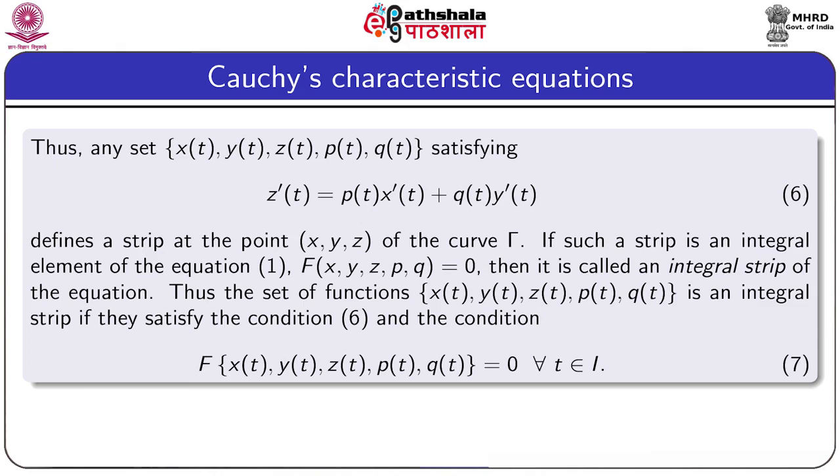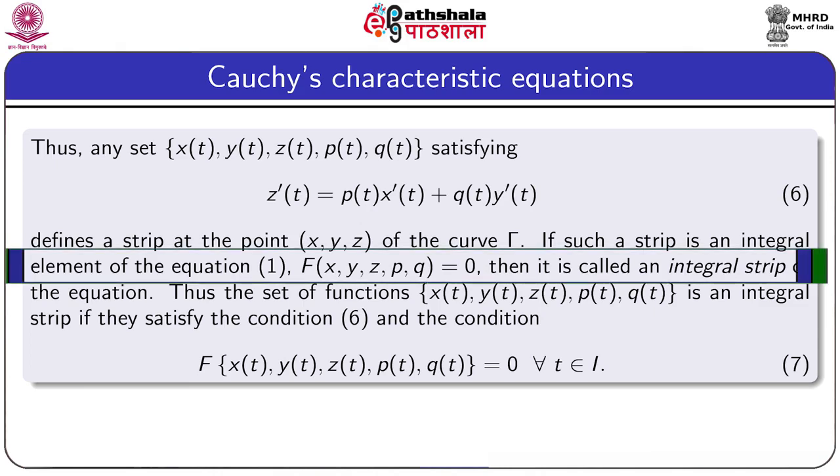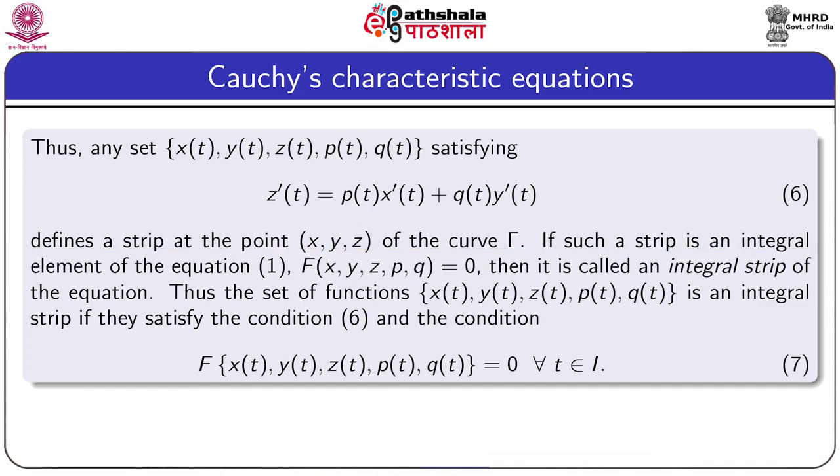If such a strip is an integral element of equation 1, where equation 1 means the equation capital F(x, y, z, p, q) equals 0, then that strip is called the integral strip of the given equation.